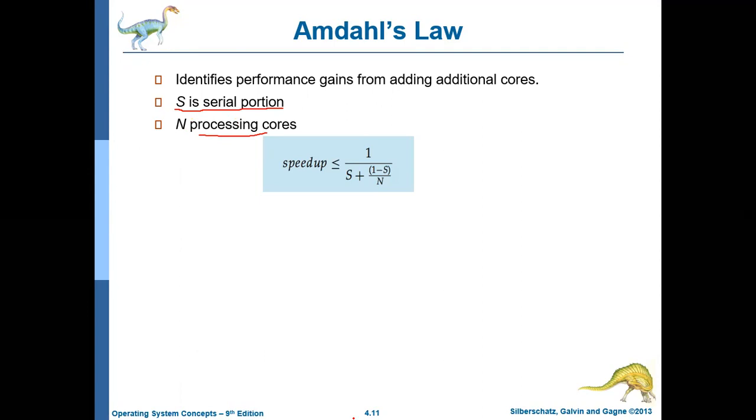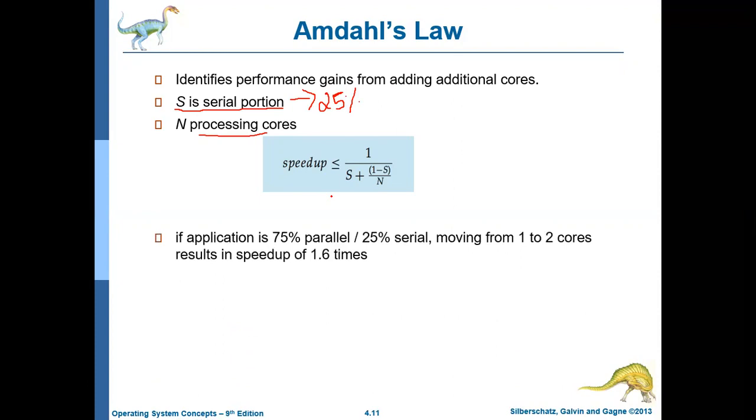Let us consider a typical example. Let us assume that 25 percent of instructions have to be executed serially for a given process, and the remaining 75 percent of instructions can be executed in parallel.